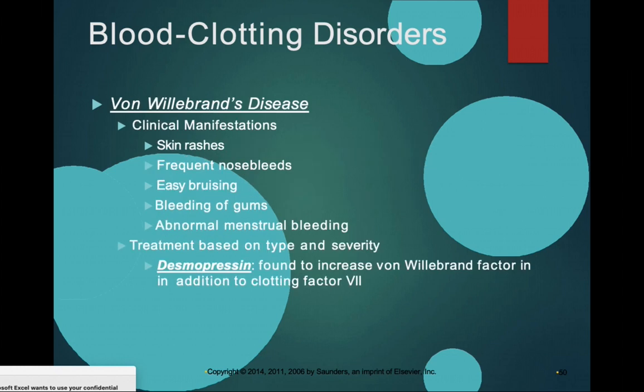The clinical manifestations, you have skin rashes, frequent nosebleeds, easy bruising, bleeding of the gums, and abnormal menstrual bleeding. The treatment is based on the type and the severity, and again, we use the desmopressin. This is found to increase the von Willebrand factor in addition to clotting factor 7.